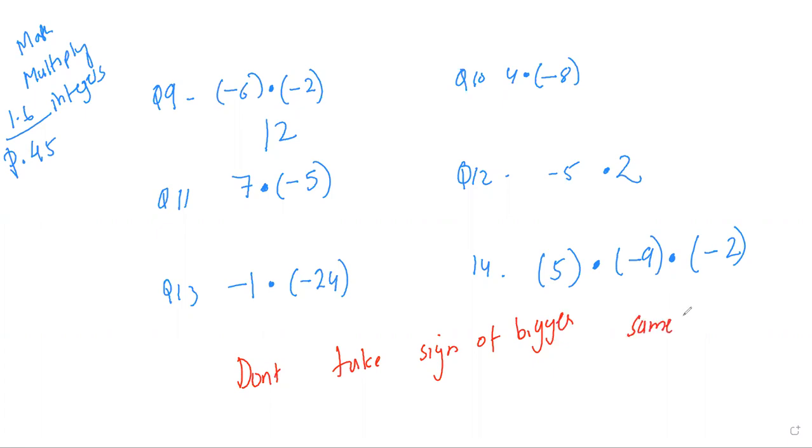Same sign, your answer is a positive answer. If it is opposite sign, your answer has to be negative. Please apply this rule and tell me. It is positive 12. Positive 12 means you will not put a positive sign. You will just leave it like this. Okay, Ghalia? Okay. Next.